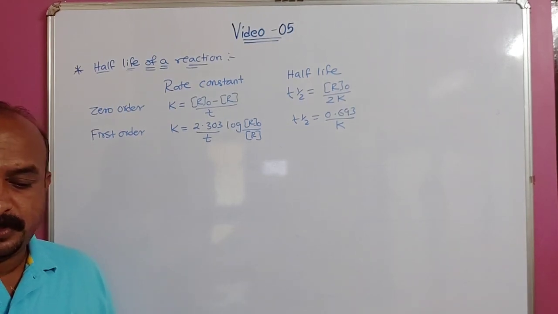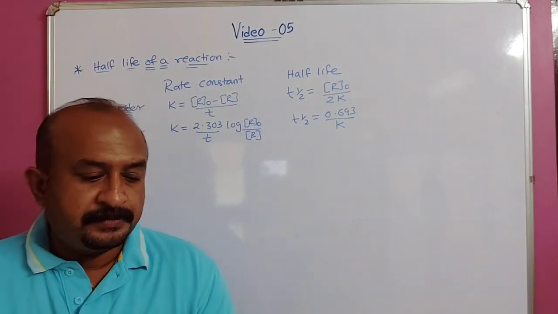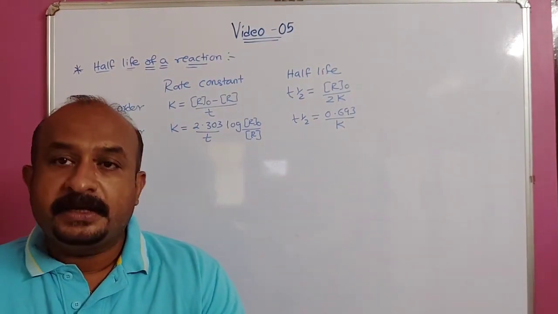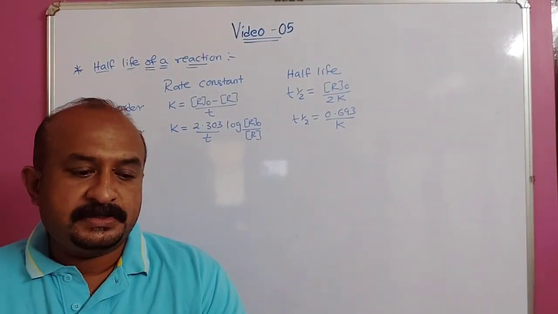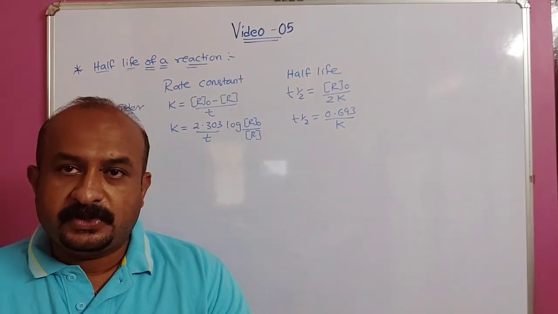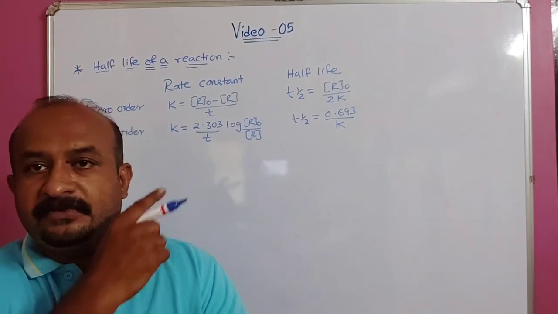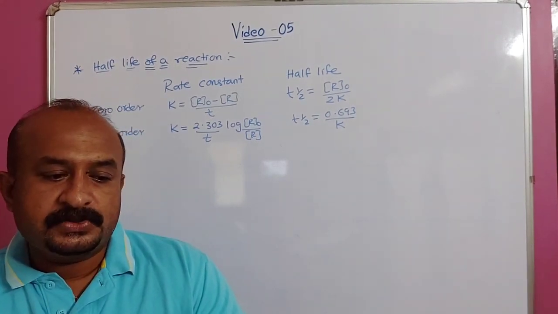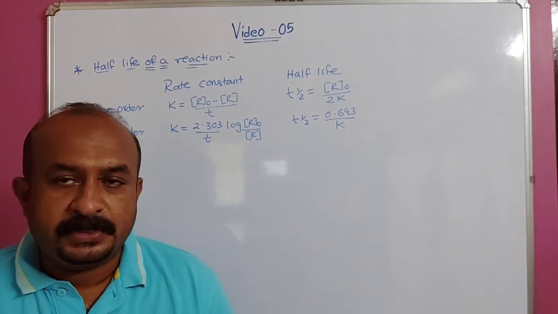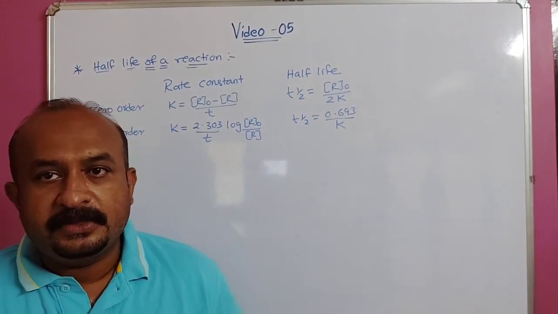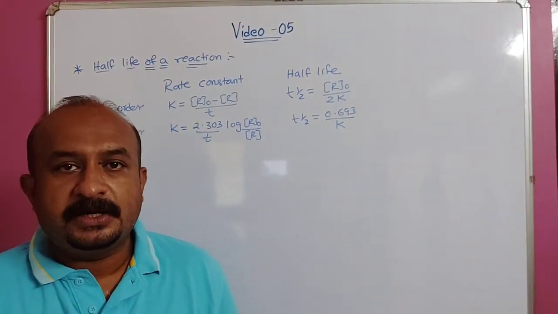First column is the order, 0 and 1, then type, that is R to P reactions, then the differential rate law, integrated rate law, then straight line, that is what graph we have to plot: R versus T for zero order, and ln R versus T for first order. Half-life we have written here, and also the unit of K. How to find the unit for zero order we have already discussed, and for nth order I gave you that. So these are the things we have discussed till now.